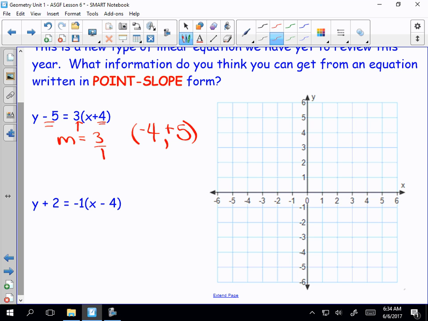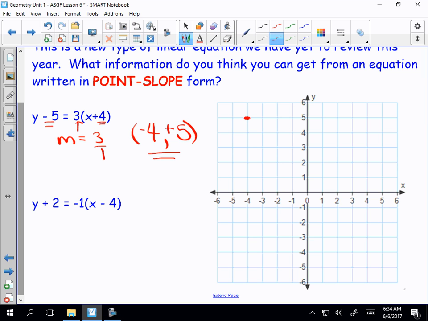So now, instead of putting the y-intercept on the graph and moving our slope from there, we're putting this point that we're given on the graph, negative 4, positive 5. And now we're going to use our slope of up 3 over 1.